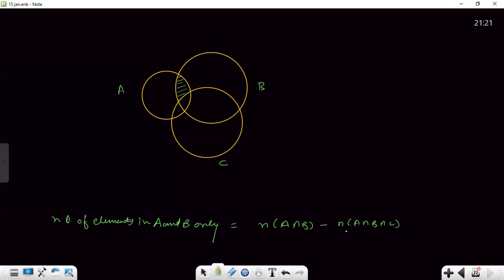This is the case. Okay. So similarly, we can write number of elements in B and C only by n of B intersection C minus n of A intersection B intersection C.